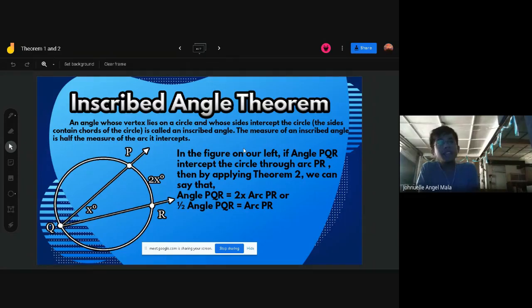In the figure on our left, if angle PQR, which is this angle po, intercepts arc PR, then by applying theorem 2, we can say that angle PQR is equal to 1/2 the measurement of the arc PR, or 2 times angle PQR is equal to arc PR.